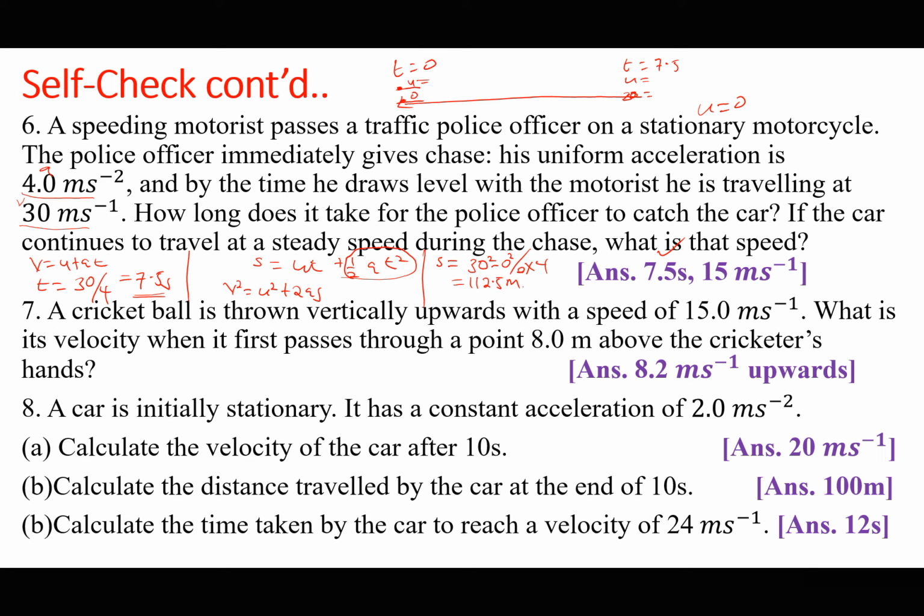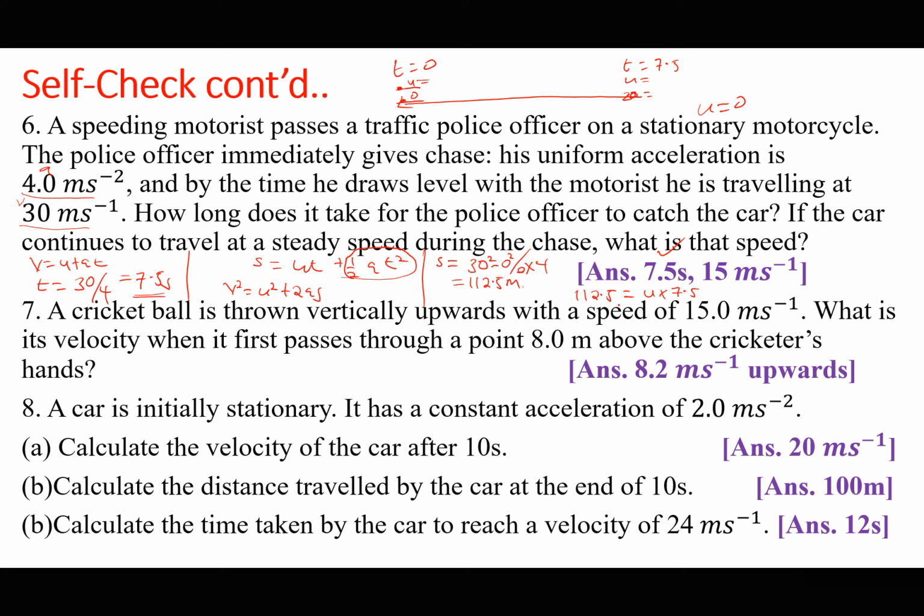So now, S is equal to ut, so I will say 112.5 should be equal to initial velocity of the motorist, which is u. The time is the same because time is a scalar, 7.5. So the time for the motorist to cover a distance of 112.5 is the same time for the police officer to cover the same distance, because the police officer takes 7.5 to level and he has covered a distance of 112.5.